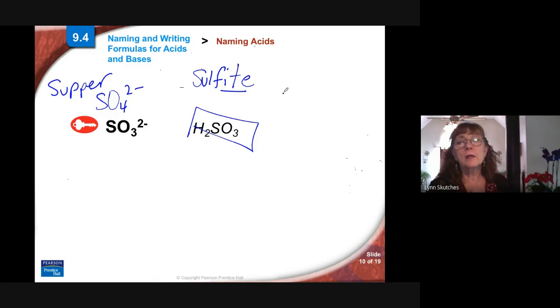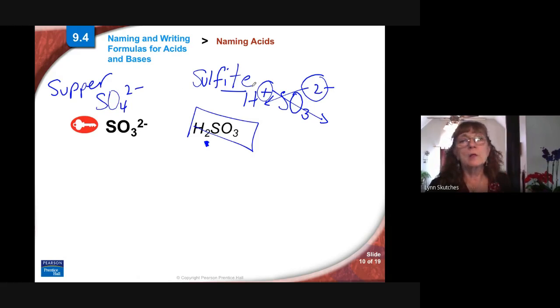Remember, if sulfite is a -2 and hydrogen is a +1, I need 1 sulfite and 2 hydrogens. So that's the number of hydrogens. We make their formula the same way we make any ionic compound, based on their charge.